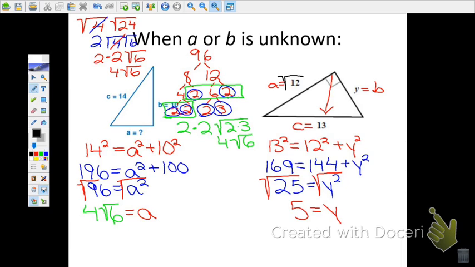When I plug that into the Pythagorean Theorem, I would have 13 squared equals square root of 12 squared plus b squared. So then I would do the math. 13 squared was 169.